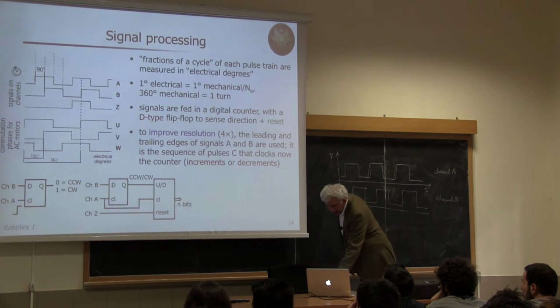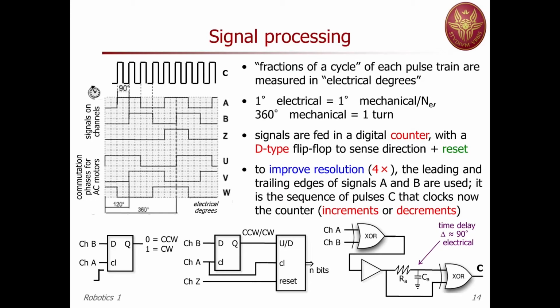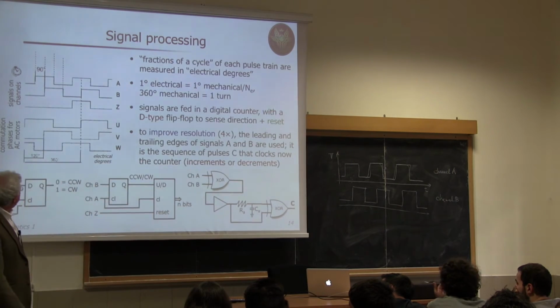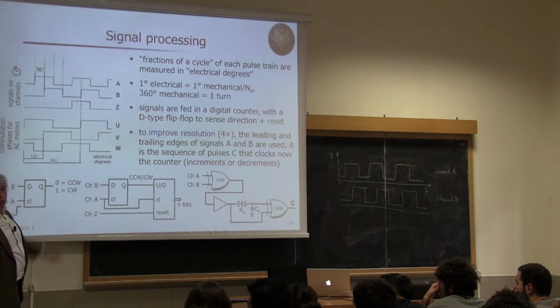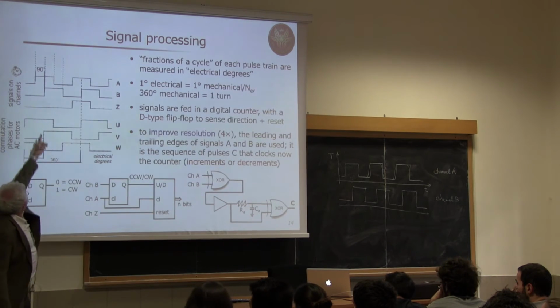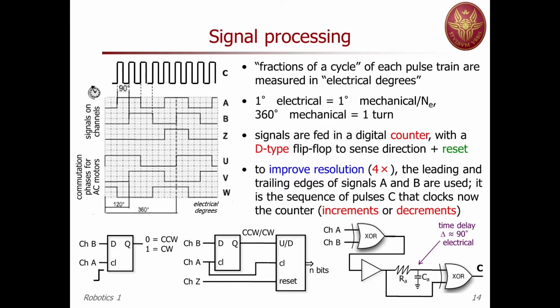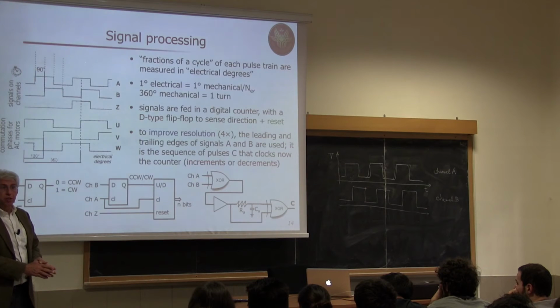For instance, you can take the two channels, perform an exclusive OR, which means taking the two channels and having a 1 if and only if at most one of the two channels is high. So you will have a 0, then a 1, then again a 0, then a 1, a 0. So you're doubling this frequency, in fact. This already could count twice as much as the original signal.